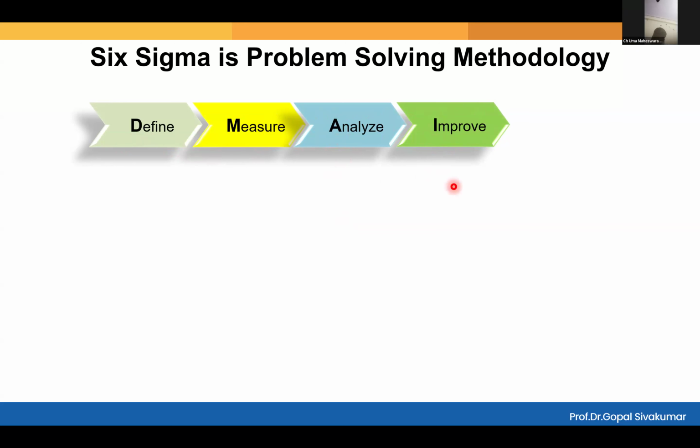If you are really concerned about the right solution for the problem, go through all the phases properly. Don't compromise. All right. So solution generation happens at the improve phase. Once the solution is generated, you gain the consensus of the team members and your boss, and then implement the solution. All that is part of your improve phase.